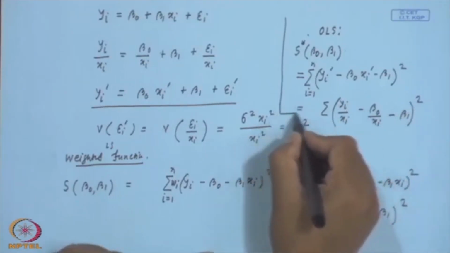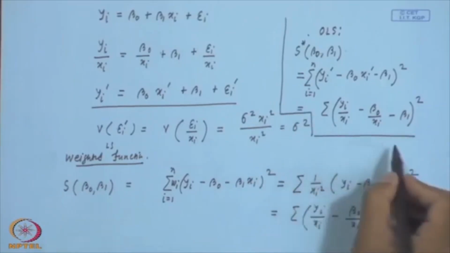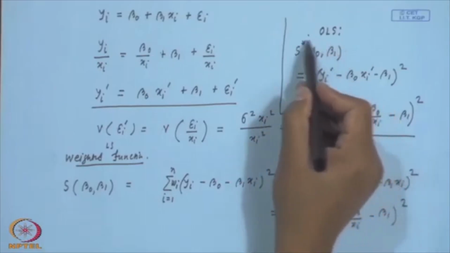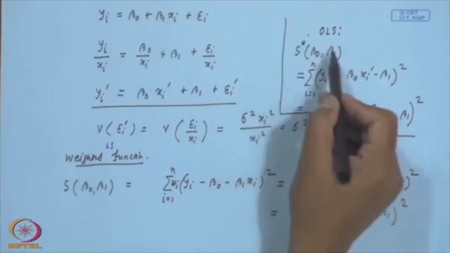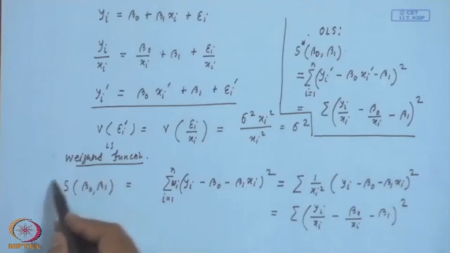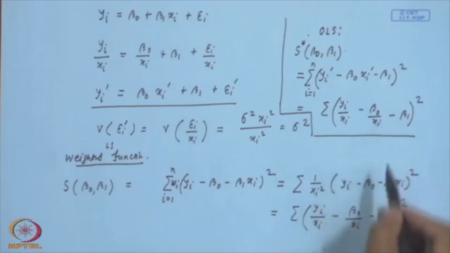So, we are minimizing this. Now, we can see that this is the least square function for the ordinary least square, and this is the weighted least square function for the weighted least square. Now, you can see that both are the same. This one is same as this one.